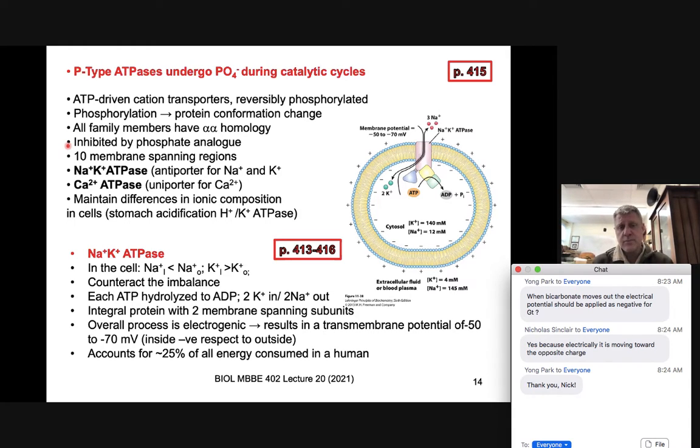The interesting thing is we've come to a lot of understanding more recently, in the last 10 years, regarding these types of P-type ATPase pumps in regards to ulcerations in the stomach, because we know some of these P-type ATPases play a significant role in the pumping of protons into the stomach through a proton potassium ATPase and actually increase the concentration of those protons to give you the acidity in the stomach.